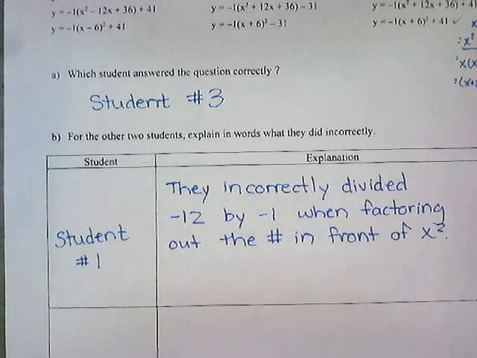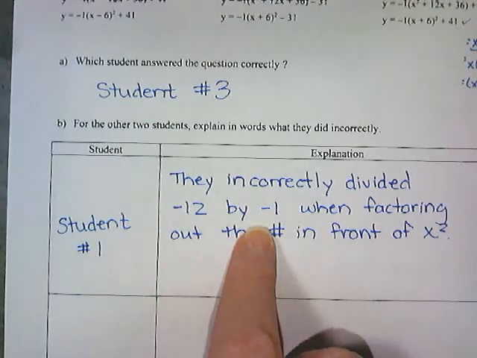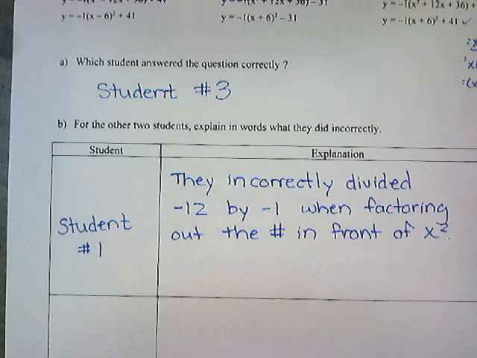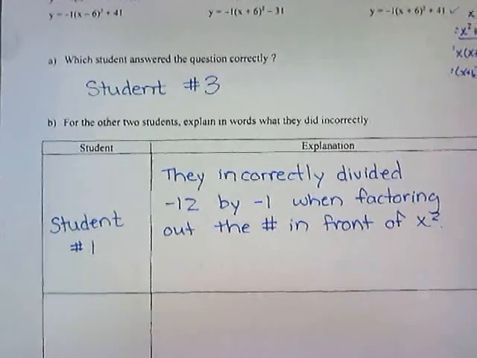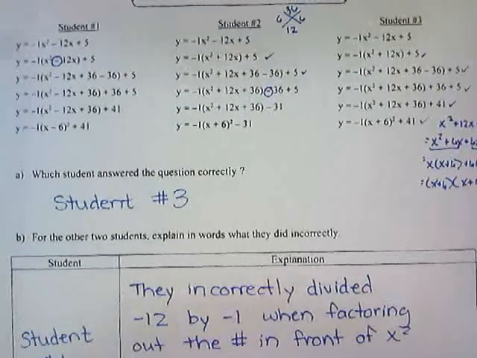Okay, so they incorrectly divided -12 by -1 when factoring out the number in front of x squared. So I don't know whether they just didn't divide at all or whether they accidentally just messed up their signs. It happens. Okay. And then the other one was student number 2.